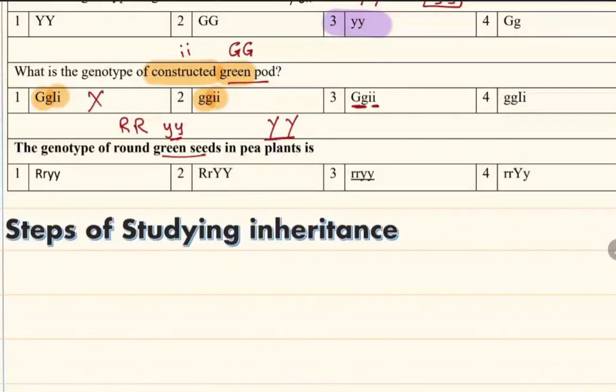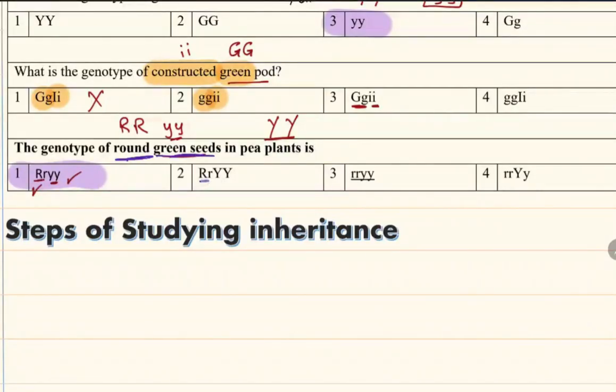So where we have this genotype? Let's see the first one. R capital, correct. Y small, also correct. This is the correct choice because it shows round and green seeds.